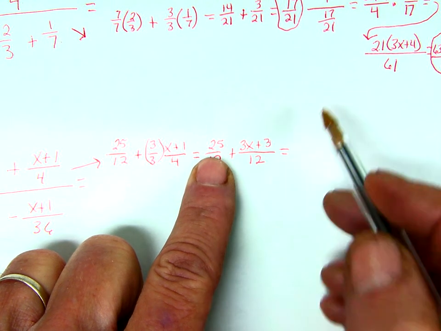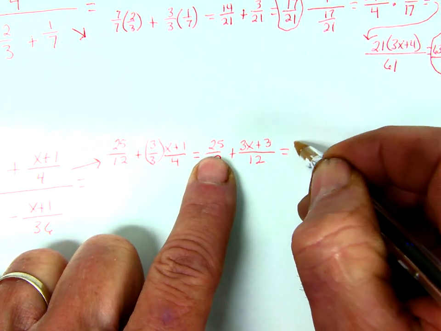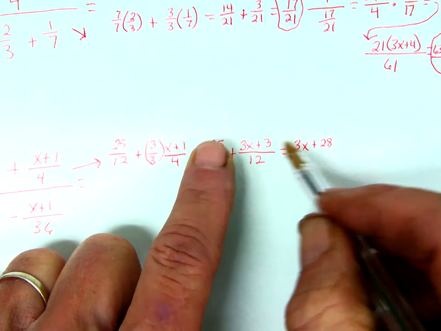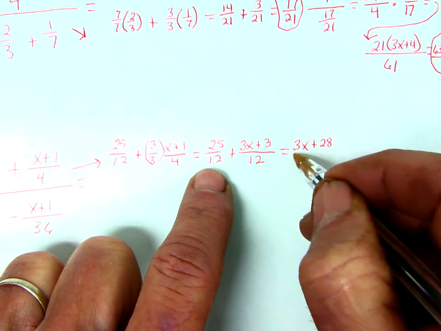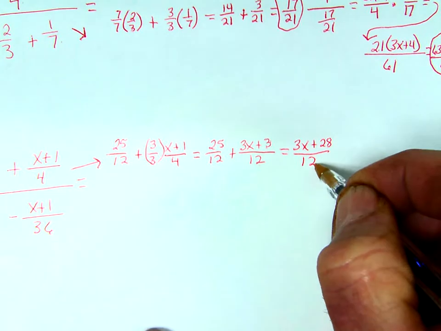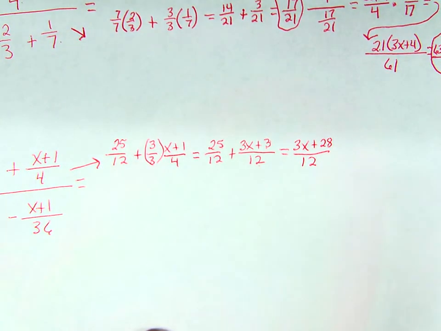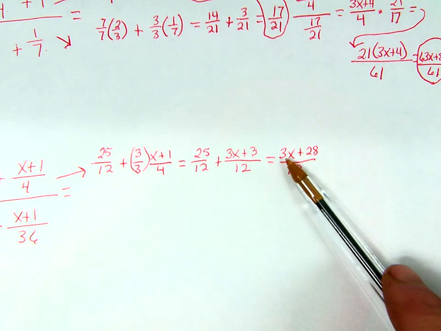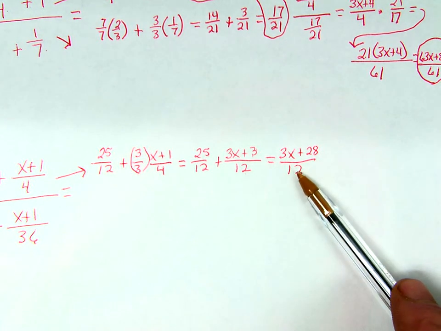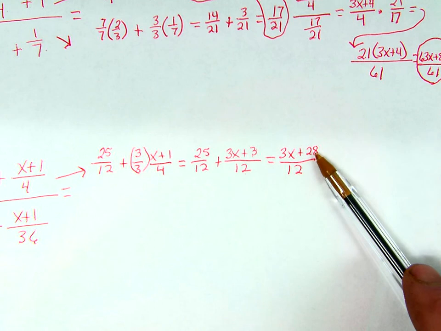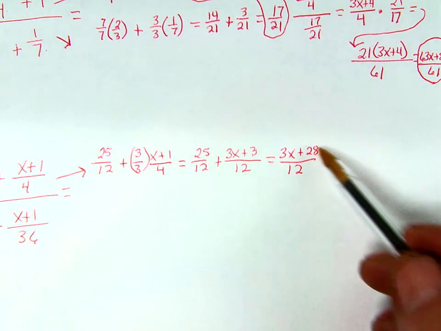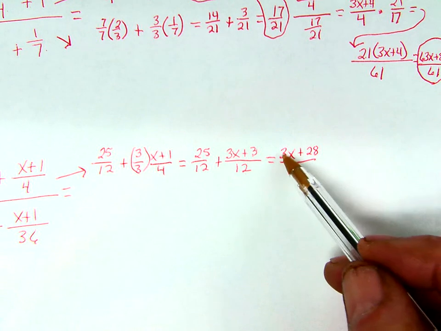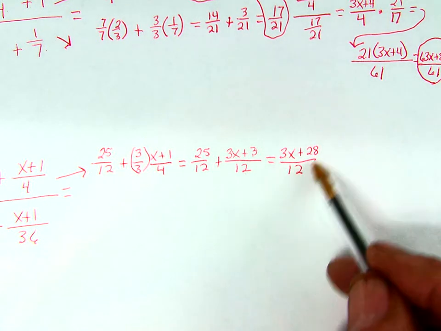Those are the two that get added together. So 3x plus 28. 28 comes from 25 plus 3 over 12. Now if we check this again to see if it can reduce, 3 goes into 3 and 12. Yep. But 3 does not divide evenly into 28. 4 goes into 28 and 12, but 4 doesn't go into 3. So no, this can't be reduced.